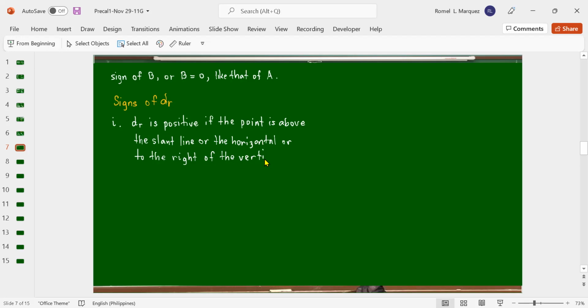If horizontal or slant, and it is above the line, so DR is positive.